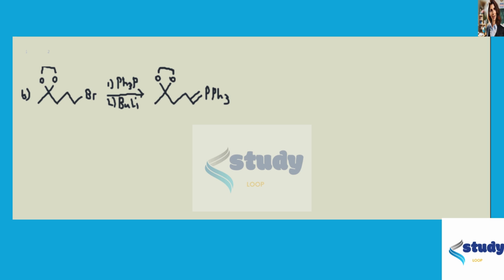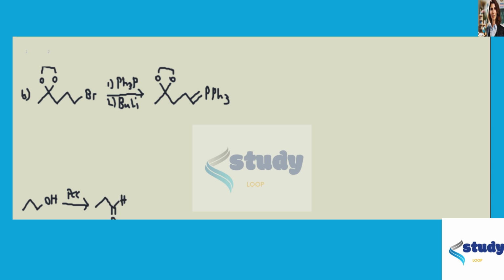And now we need a 3-carbon aldehyde. And so we will again make that by oxidizing the alcohol, just as we did in part A. So 1-propanol this time instead of 2-propanol.